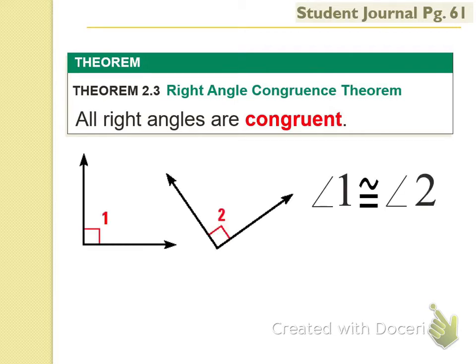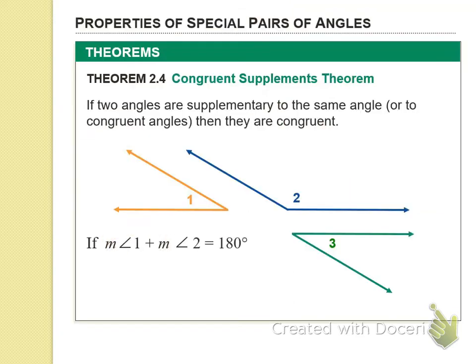Okay, so here in this picture, angle 1 is congruent to angle 2. You don't have it drawn on your page because it's pretty simple. All right angles are 90, so therefore they're all congruent. The second thing you're going to write down is: if two angles are supplementary to the same angle, then they are congruent.